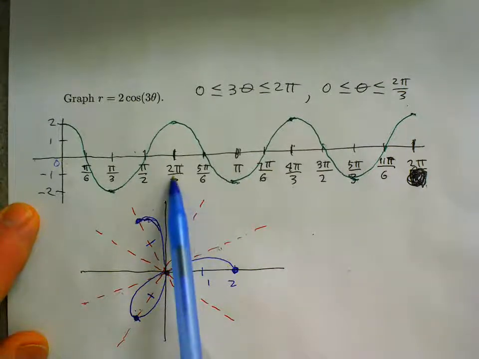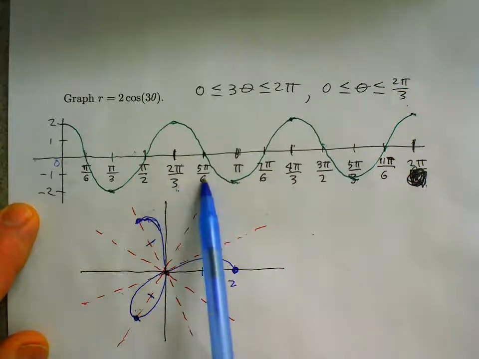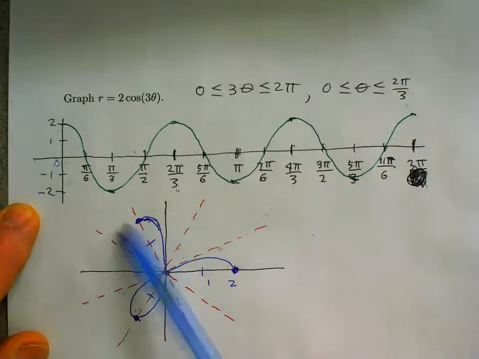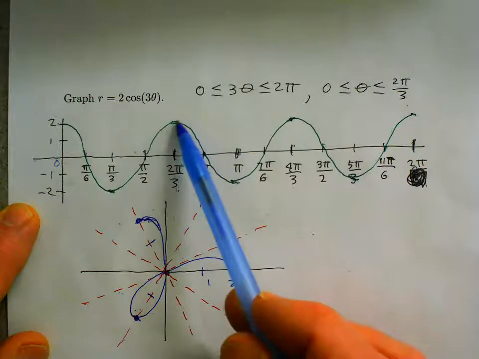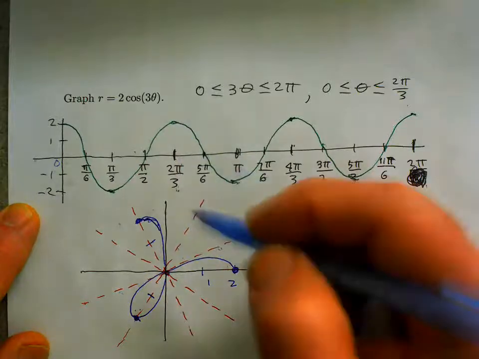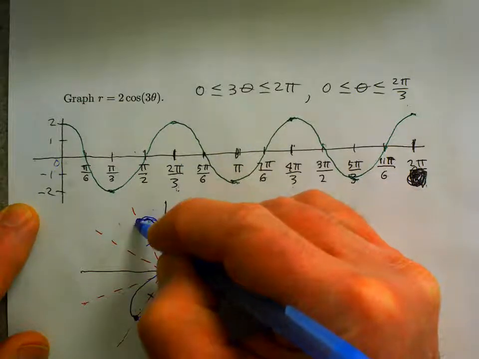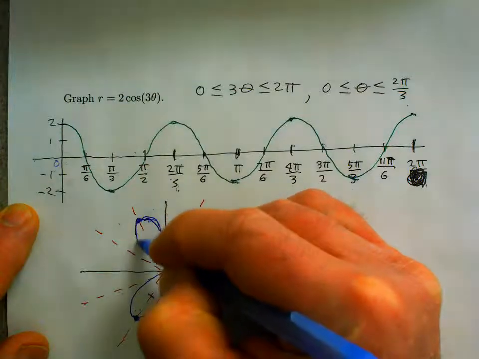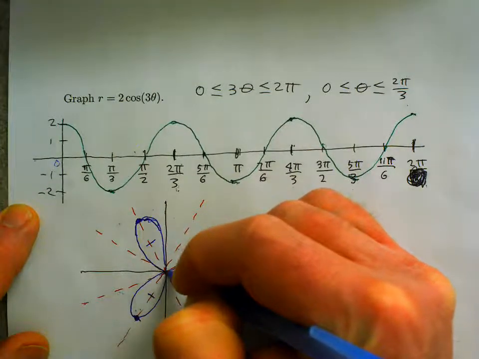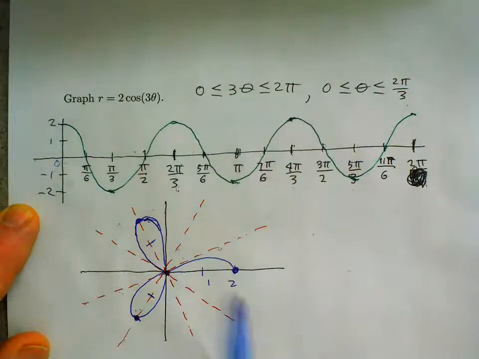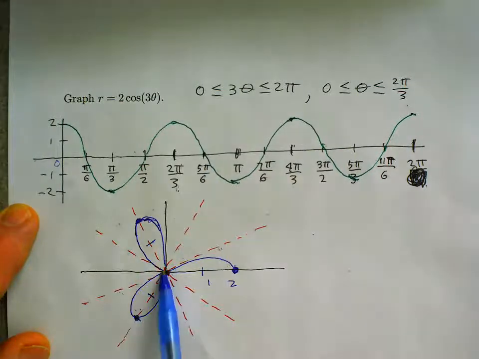Okay, then between 2pi/3 and 5pi/6, that's this sector, the R values go from 2 to 0. So we complete a loop in that sector. So by the time we get to 5pi/6, we're at 0 again.